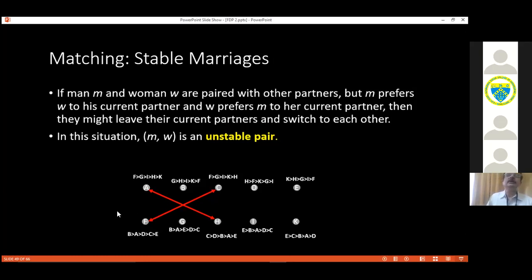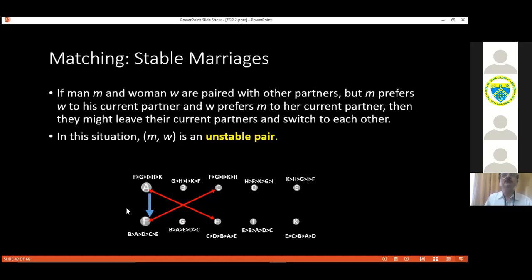Now let us look into the married couple A and H. A married H, but H is the least preference. A prefers F. That means A prefers F more than H. A likes F more than H.